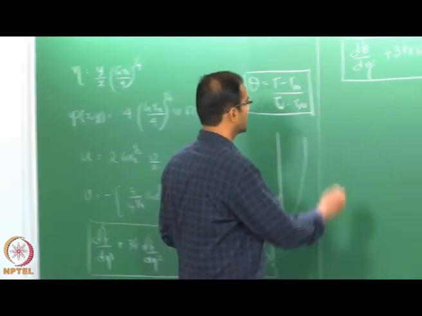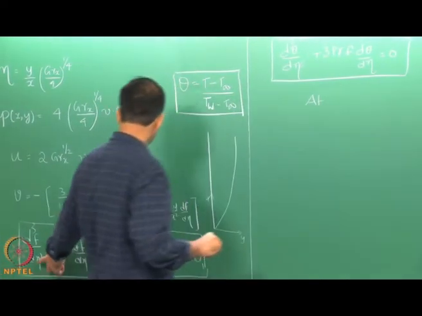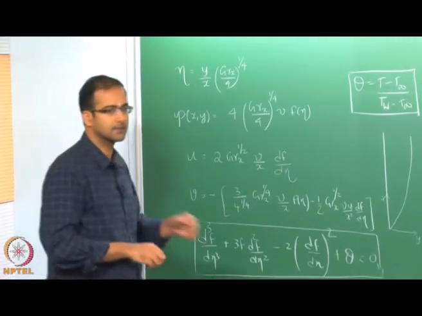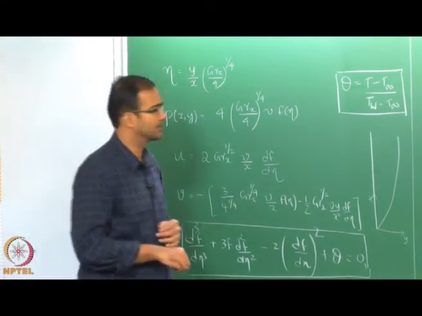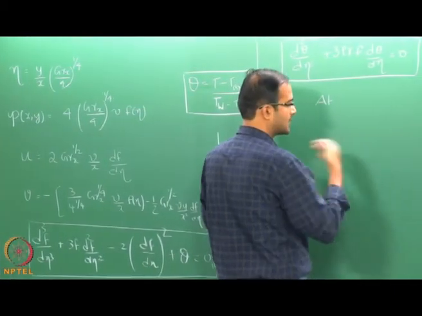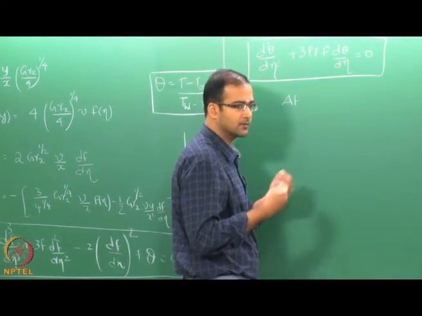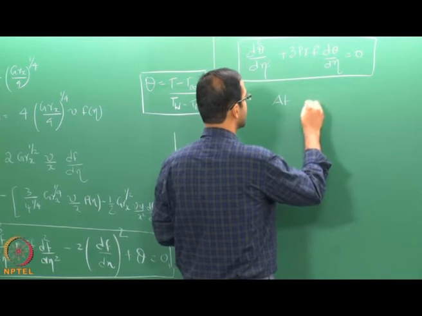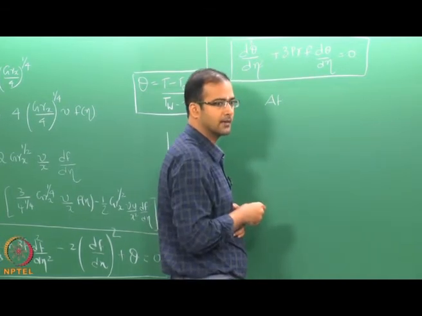To solve this, we need to define 3 conditions for f and 2 conditions for theta, right. So, when we do this transformation from psi, which is a function of x and y, to eta, we also apply the transformation for the similarity variable eta.